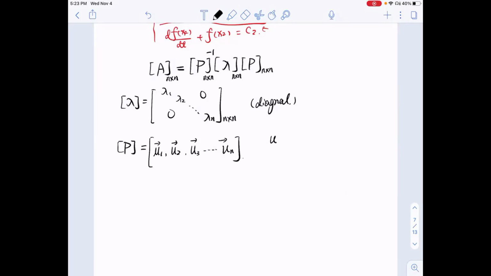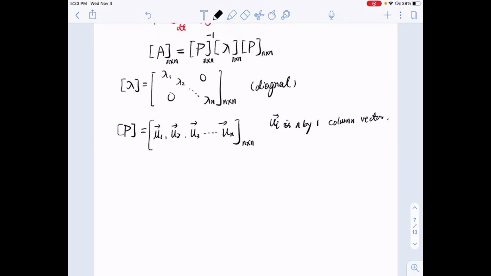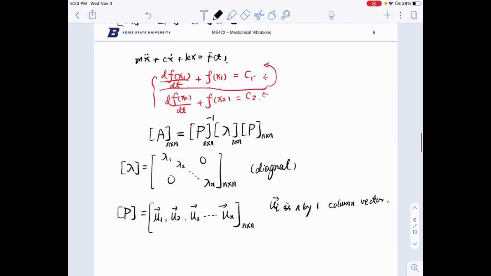Your P is n by n, and each Ui vector is an n by 1 column vector. All right, so that's a property of matrix diagonalization.